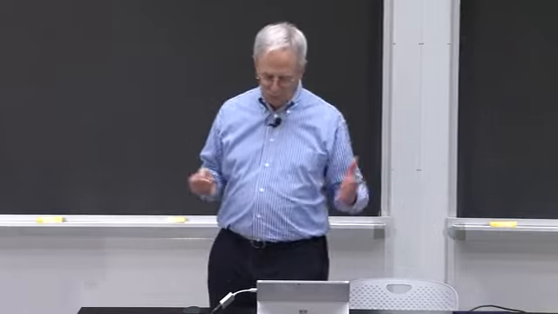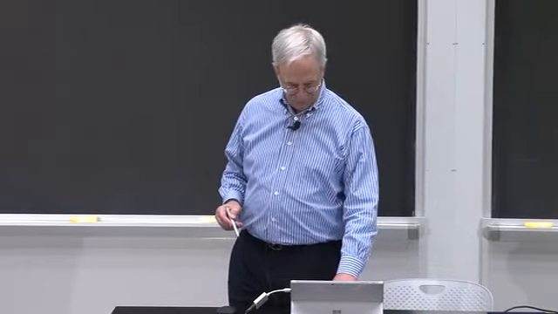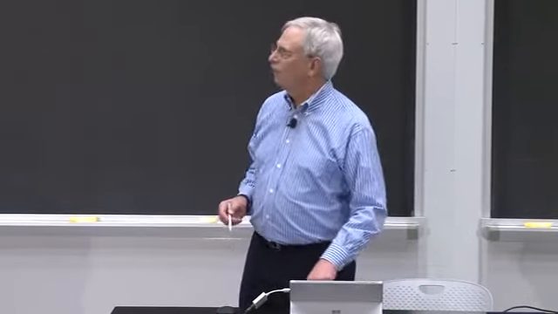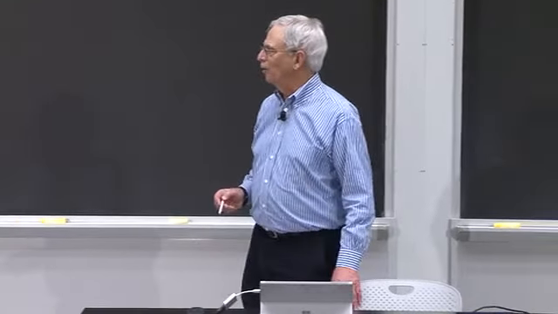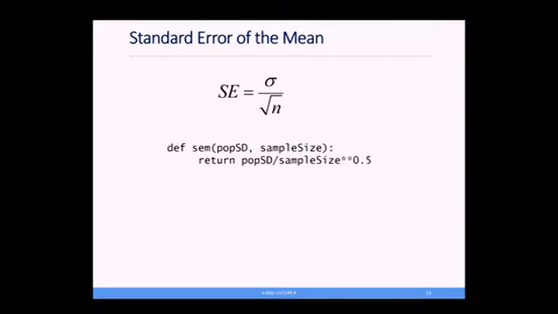I sometimes call it one, sometimes the other. All right. It's an incredibly simple formula. It says the standard error is going to be equal to sigma, where sigma is the population standard deviation, divided by the square root of n, which is going to be the size of the sample.